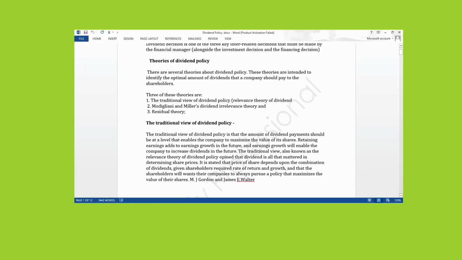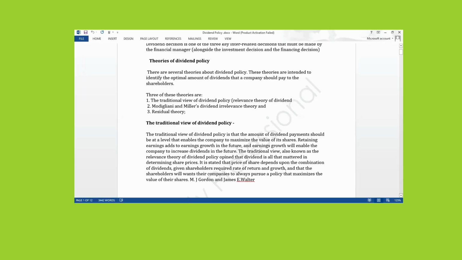The traditional theory, also known as relevant theory of dividend, was of the opinion that dividend is all that matters.